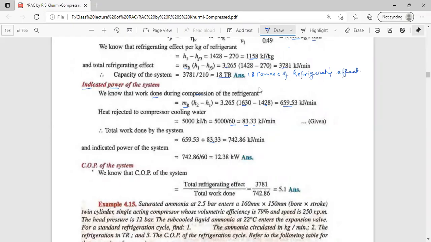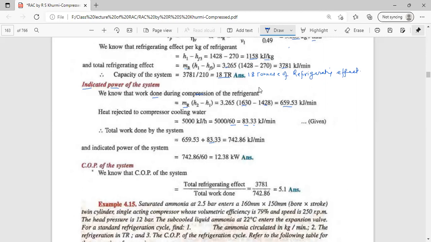If we add them together, the total work by the system becomes 742.86 kilojoule per minute. So this is the work a compressor is supposed to do to run the system as per our requirement.